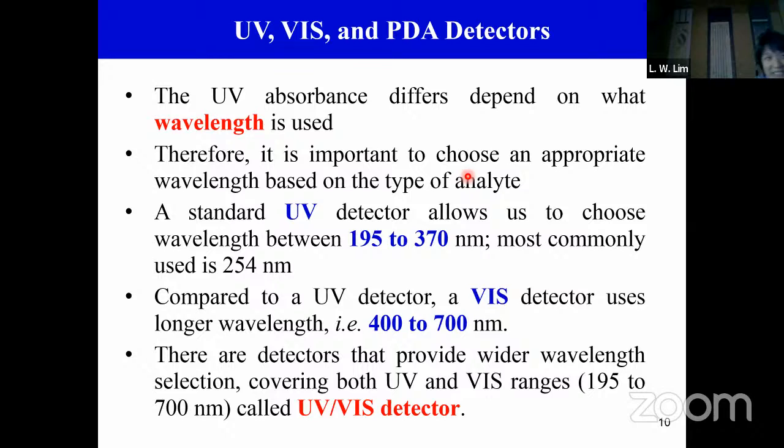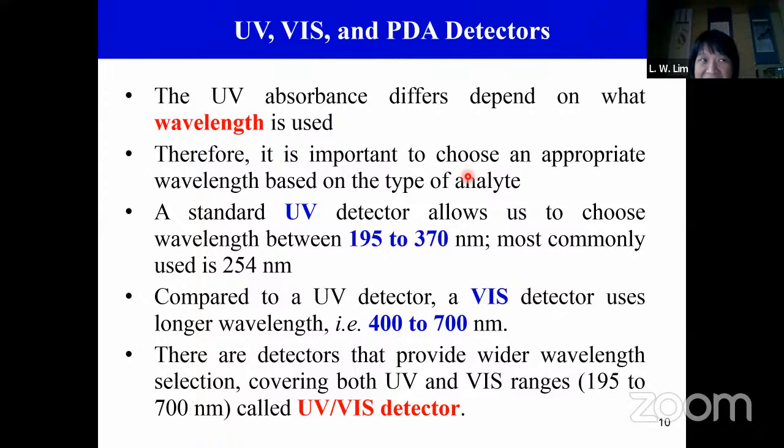sometimes your pump is running, your eluent is coming out, but there's no peak from the detector, especially when somebody shares your detector. When somebody uses it for detection of, for example, ions, some ions have UV absorption, but usually at a lower wavelength, like 210.